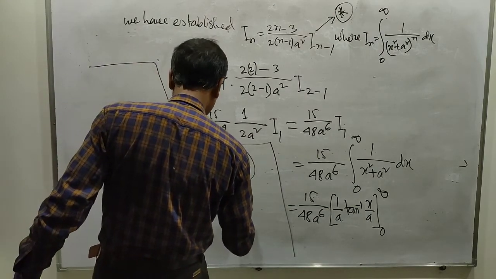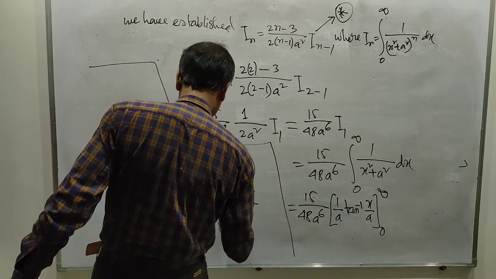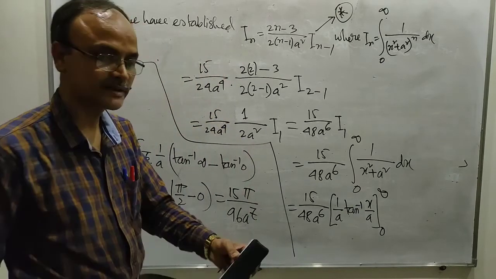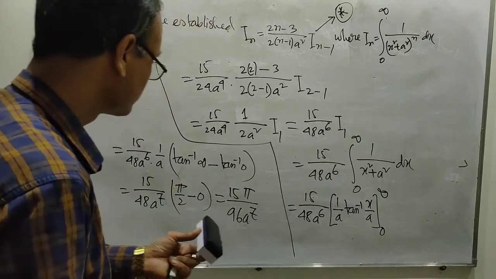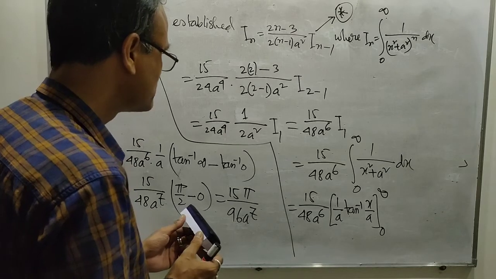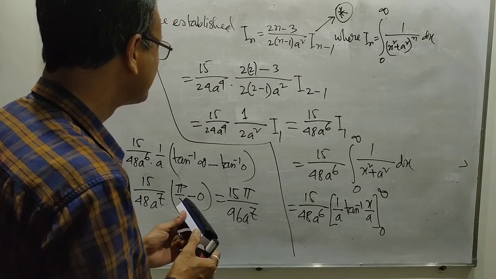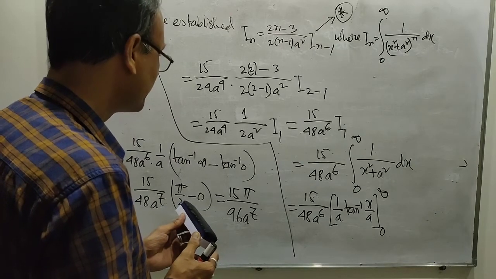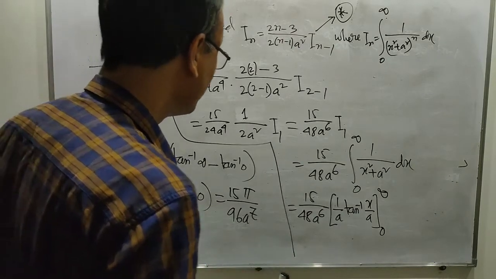This is equal to 15 pi by 96 a to the power 7.